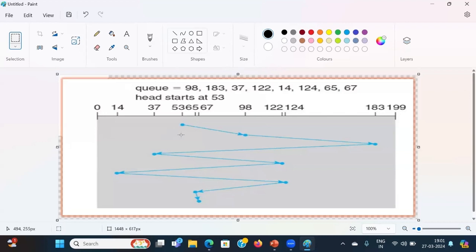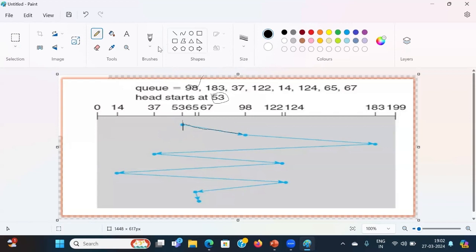As your read-write head is initially at 53, it will start at 53. What is the first element in the queue? It is 98. So now your read-write head will be moving from 53 to 98.